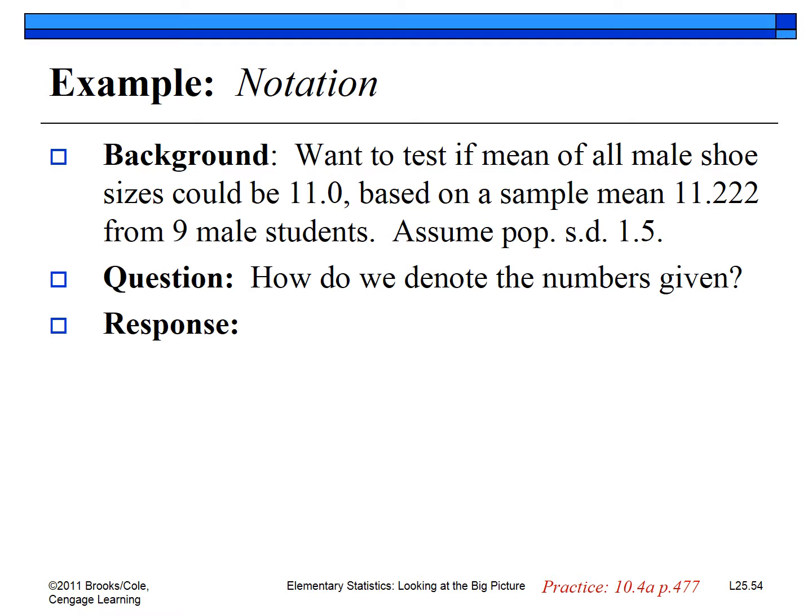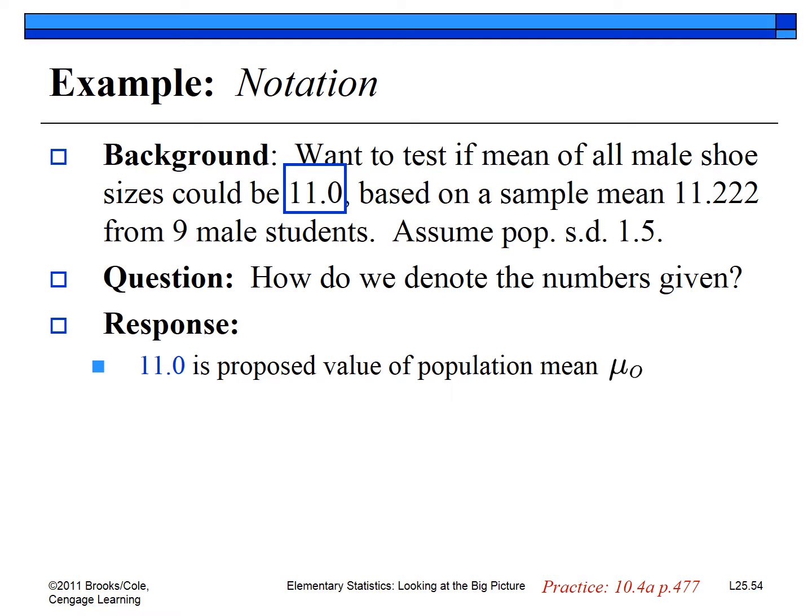Well, 11 is what we want to test to see if that is the mean of all male shoe sizes. So that is our proposed mean. That will be the mean for the null hypothesis. We use a mu sub 0 or mu naught.